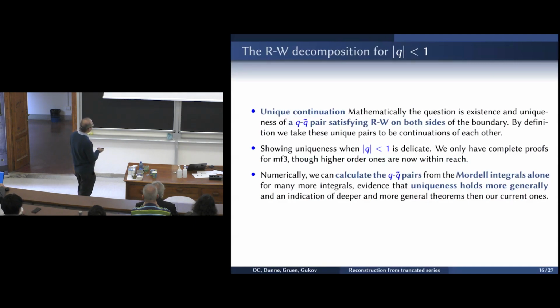Right? Okay, so here I wrote what we had at the time of the article. We had a complete proof only for Mock 3. It seemed to extend to other Mock thetas. Now we have a different machinery that clearly extends this kind of uniqueness beyond the Mock thetas.